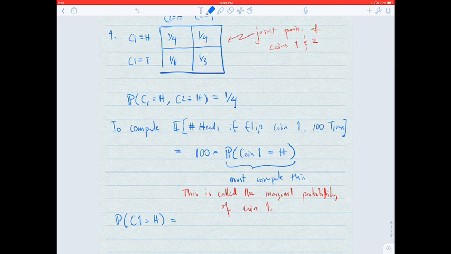When does coin 1 equal heads? It's equal to heads when coin 1 is heads and coin 2 is heads, and also when coin 1 is heads and coin 2 is tails. Now we're in business because these two numbers are specified in our table. Looking up above, I see that this is 1/4 plus 1/4. So this is 1/2.